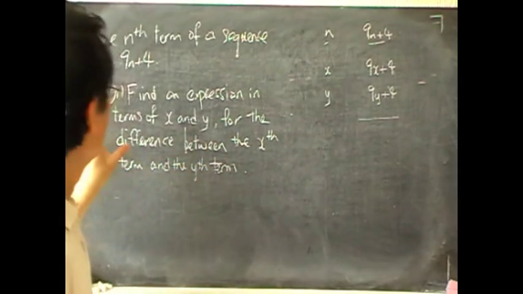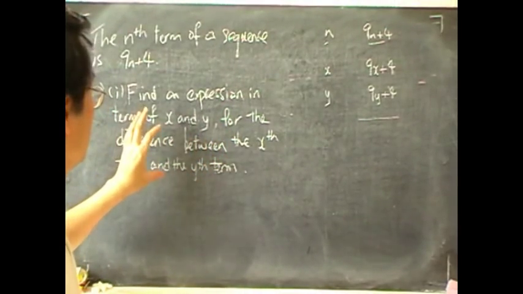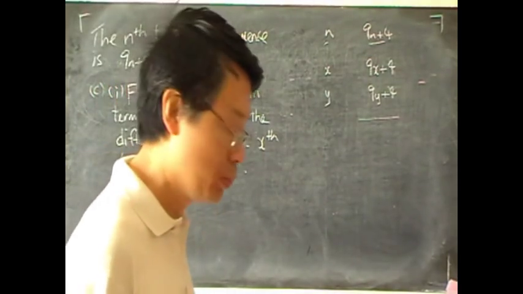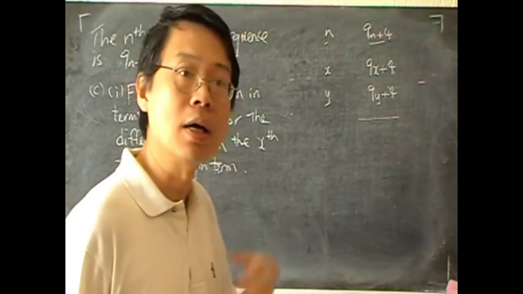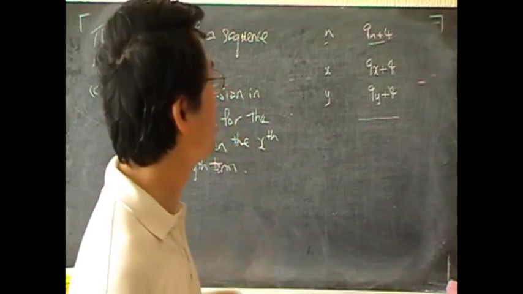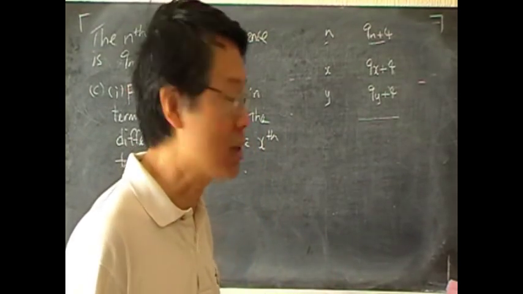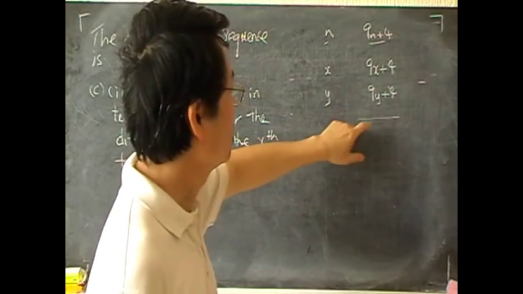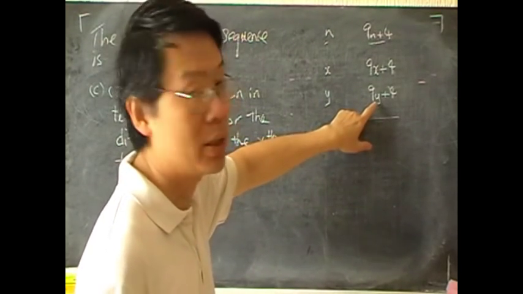But in this question, it does not tell us whether x or y is bigger. So I'm just going to make a guess. It also means that it does not matter which way you do it. So let me just assume that y is the bigger one.